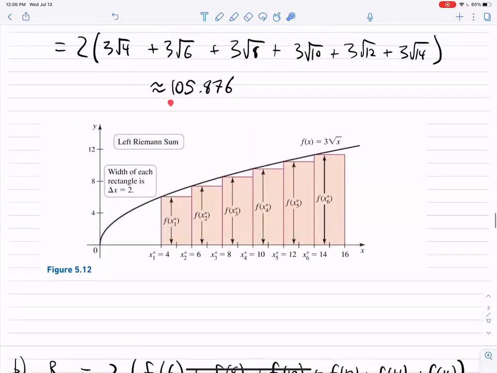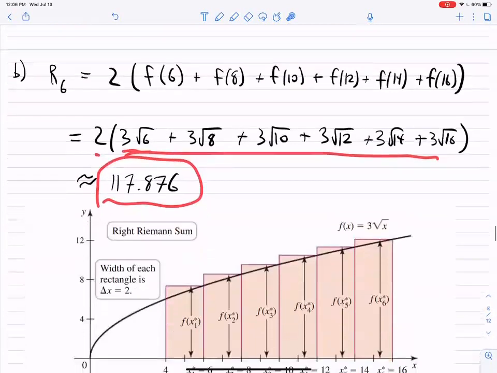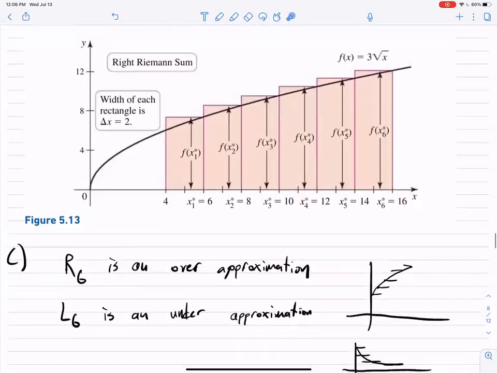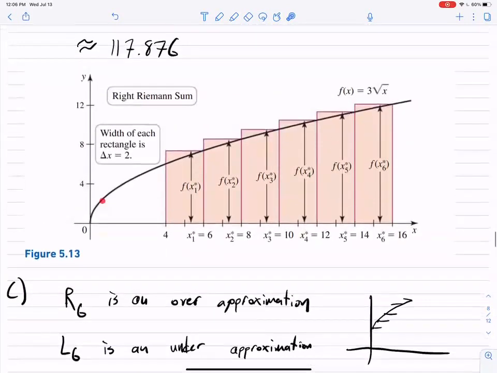You'll notice that these are very different. This one is an under approximation, right? 105. And this one is going to be an over approximation because they're all over it. When we pick the right endpoints, it's an over approximation. The reason is that this function is increasing. So when we pick the right endpoint, it will be above, right?